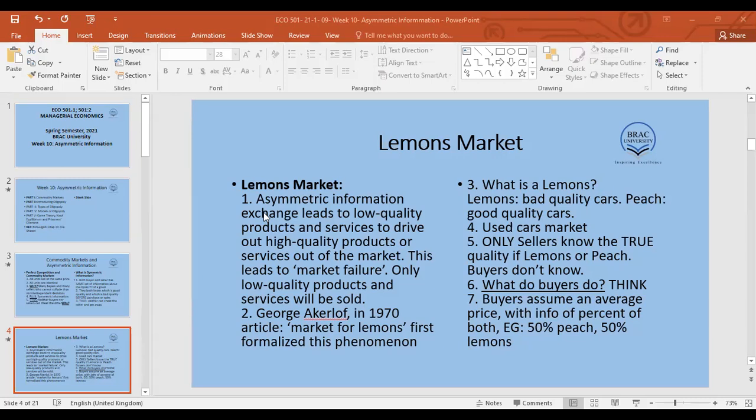So let's forget ethics and morality. If it is possible for you to cheat the bank by concealing the information, won't you? Definitely.